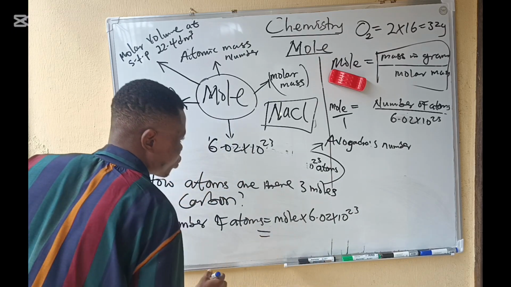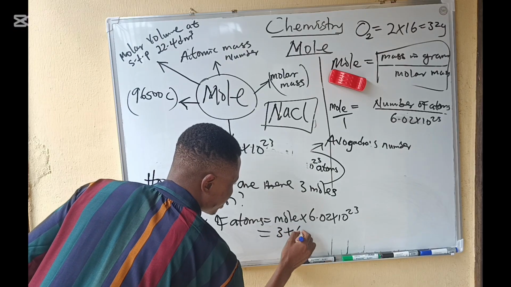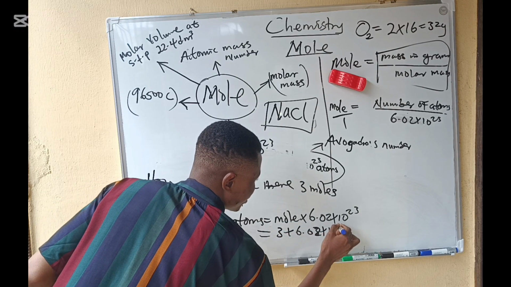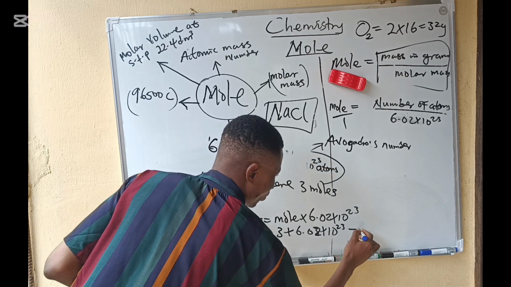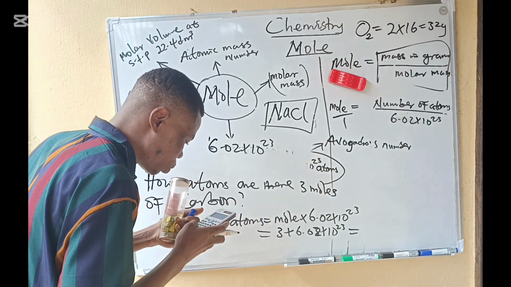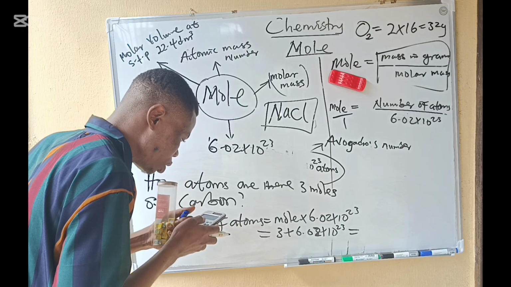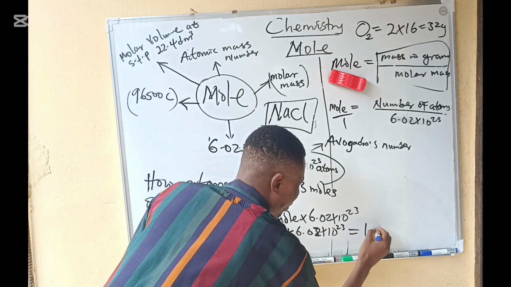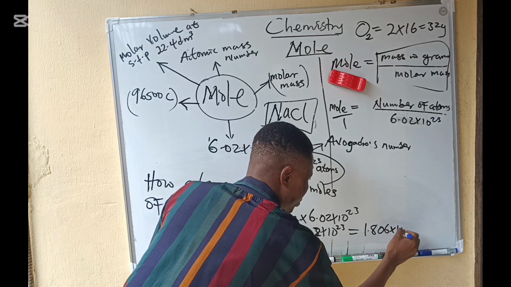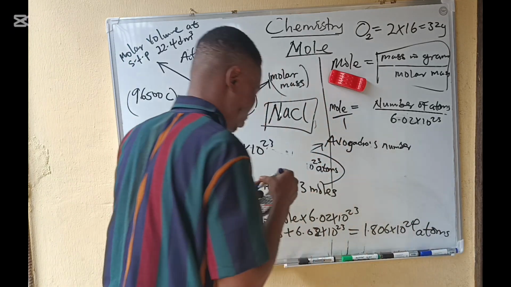So plug in the values. 3 moles of carbon, put it here: 3 times 6.02 times 10 raised to power 23. So what is your answer? We have 1.806 times 10 raised to power 24 atoms. Very, very simple.